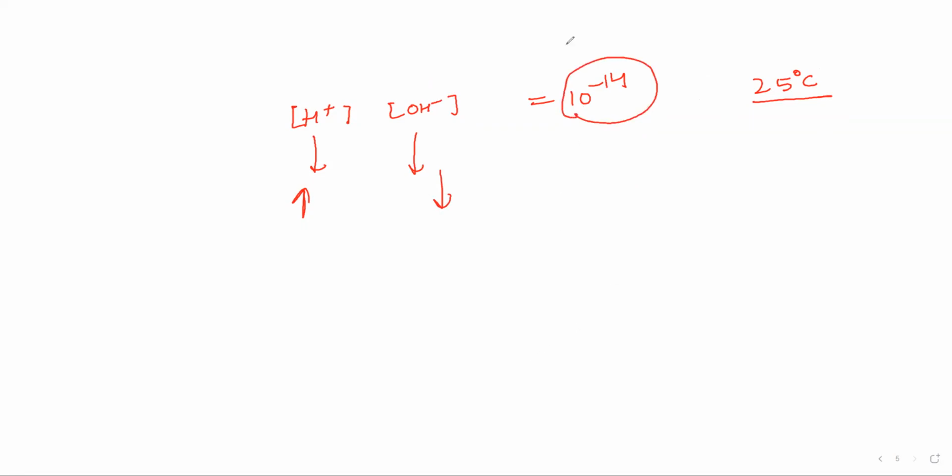On the other hand, if this decreases, this has to increase, because the product needs to be a constant, which is 10 to the power negative 14. Just remember the temperature, 25 degrees Celsius. Now let us solve a few questions.